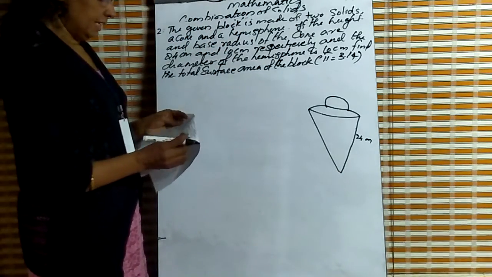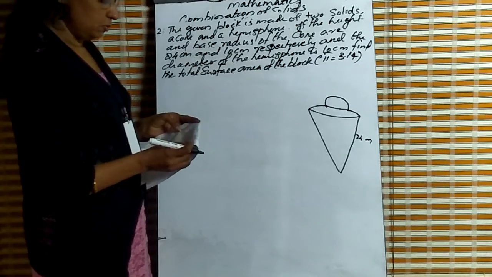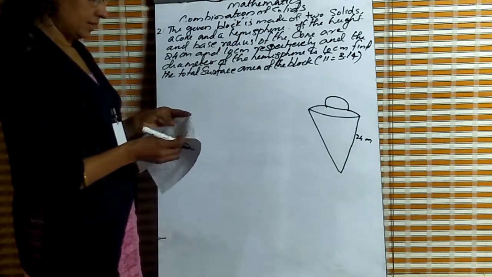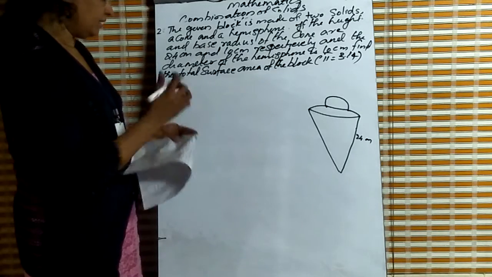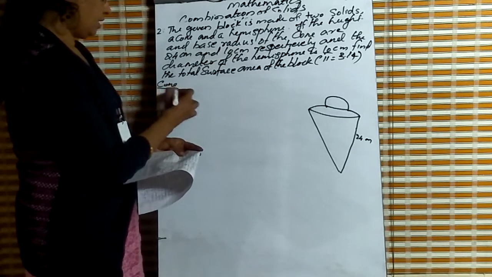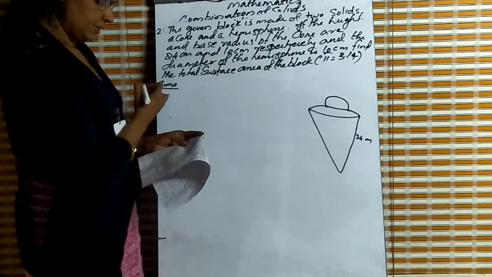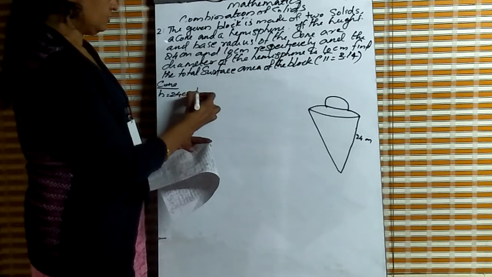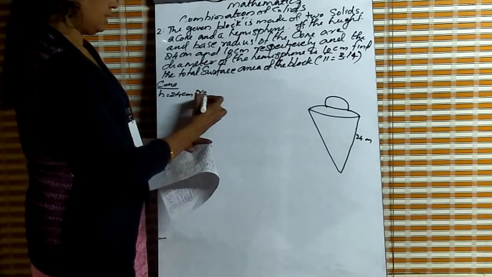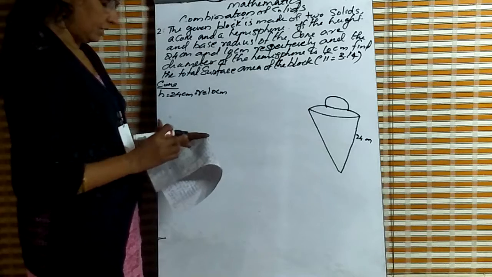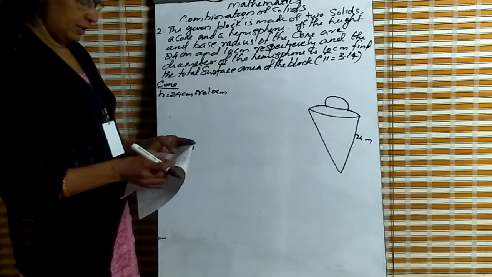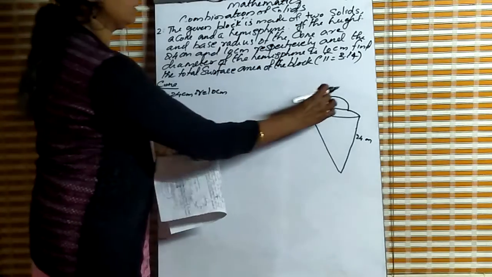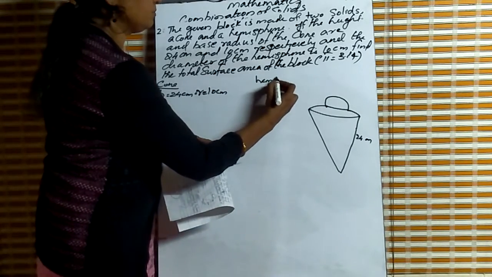Now listen. The given block is made of two solids, this is a cone and a hemisphere. The height and base radius of the cone are 24 centimeter and 10 centimeter respectively, and next one is a hemisphere.